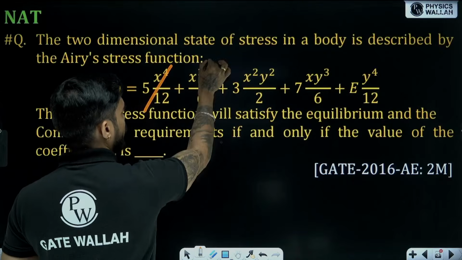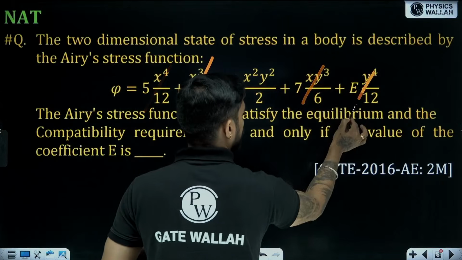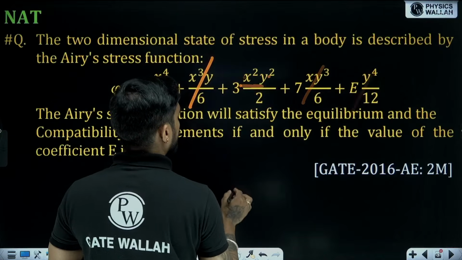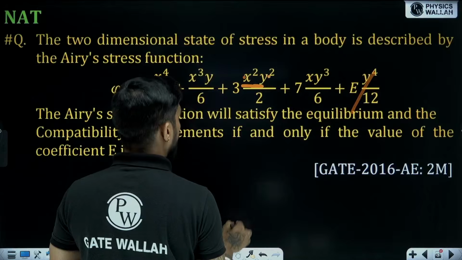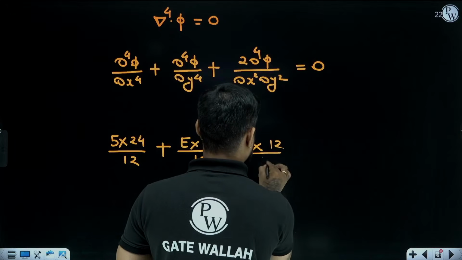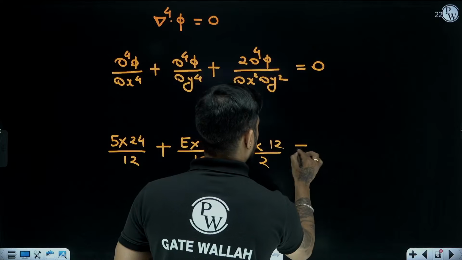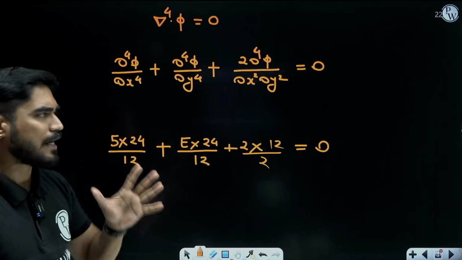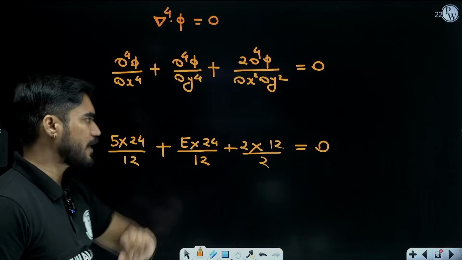The others will become 0. Only this will be there. So 2 into 2, 4, 3, 12 by 2, 12 by 2 equal to 0.